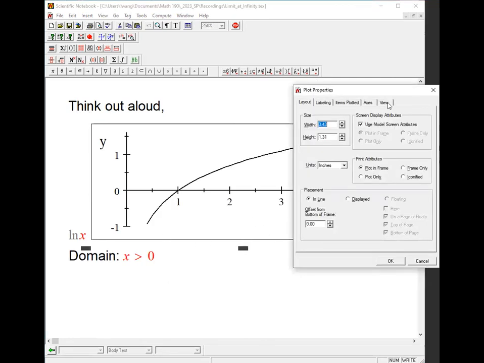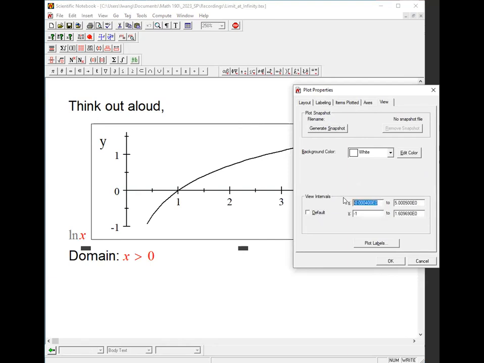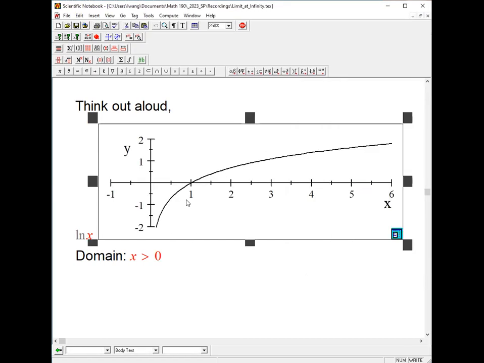I'm going to make some adjustment on the view. How does that look, right? When x is approaching 0, the logarithm function ln approaches negative infinity.